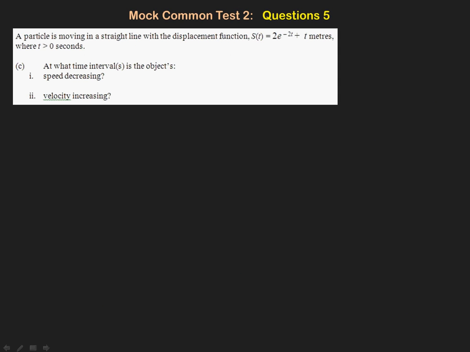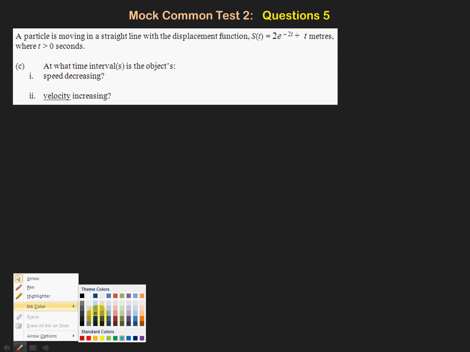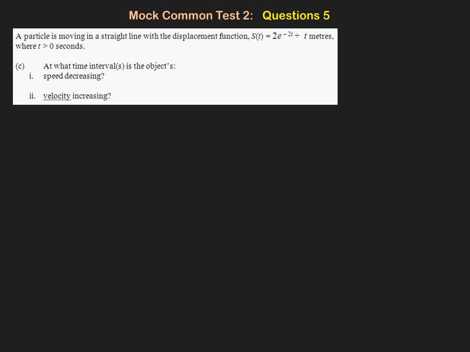Of the same question, a particle is moving in a straight line with a displacement function. Basically, we have worked on this function already, so we have s equals 2e^(-2t) + t, and your v is actually our f prime. So this is f.